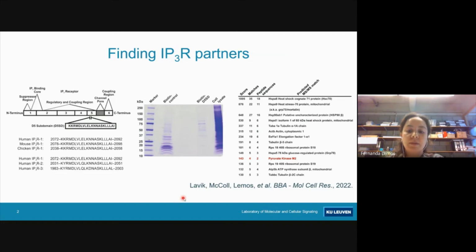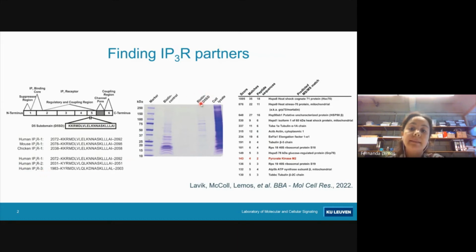Recently, together with the group of Professor Clark Distelhoff, we published this paper where we used this strategy, using a peptide we called the D5SD peptide. It's a peptide designed based on a subdomain of domain 5 of the IP3 receptor, a region highly conserved in IP3 receptor type 1 in different species, and also among the different IP3 receptor isoforms.